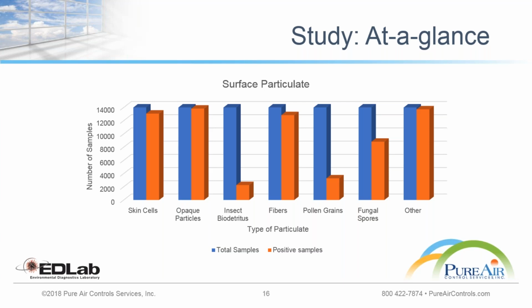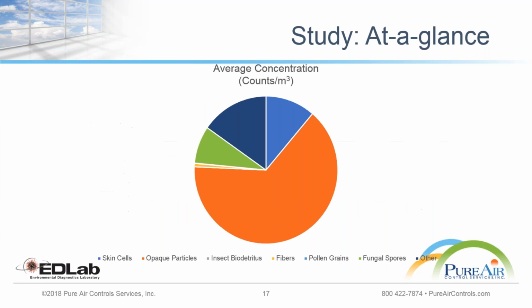And the insect biodetritus again is the least recorded biota. So looking at all this information, it looks like it is definitely one of the predominant contaminants of built environments.